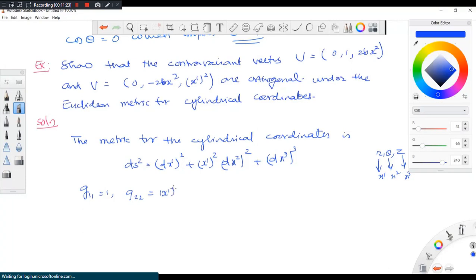This is the thing. Now if you take inner product uv, g_ij u^i v^j, so this is g11 u1 v1, g22 u2 v2 plus g33 u3 v3.